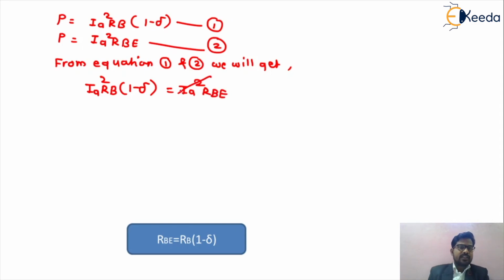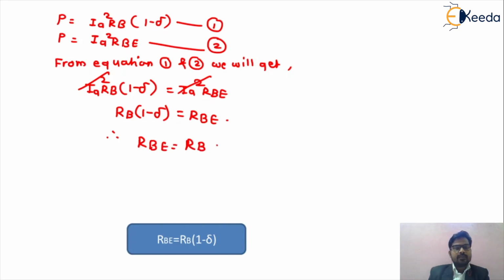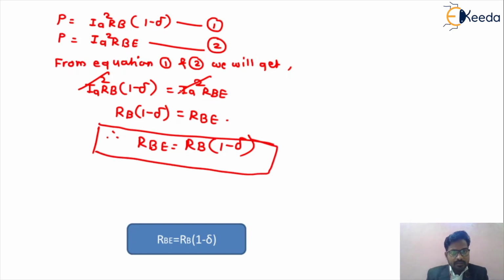Now we can cancel IA square and get RB into 1 minus del is equal to RBE. So we are getting a very important equation, RBE is equal to RB into 1 minus del. This will be the required expression of your effective value of resistance.